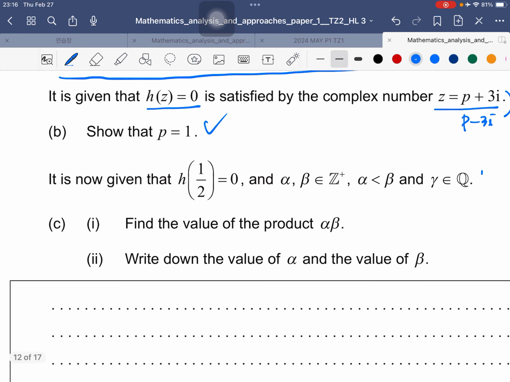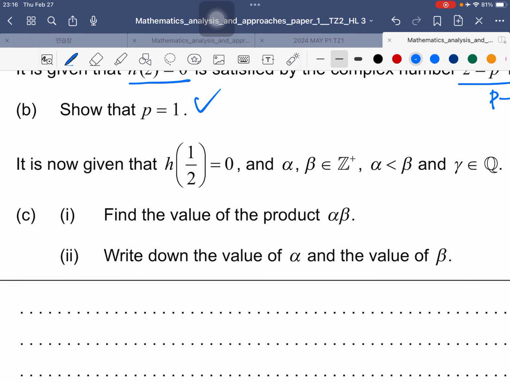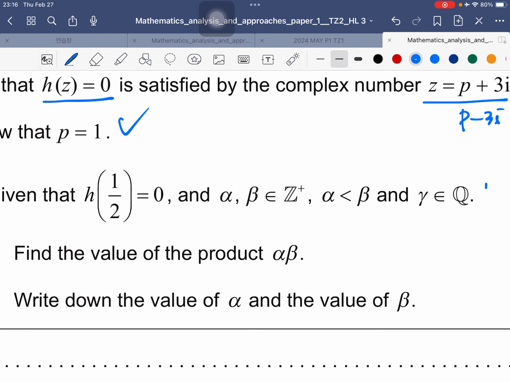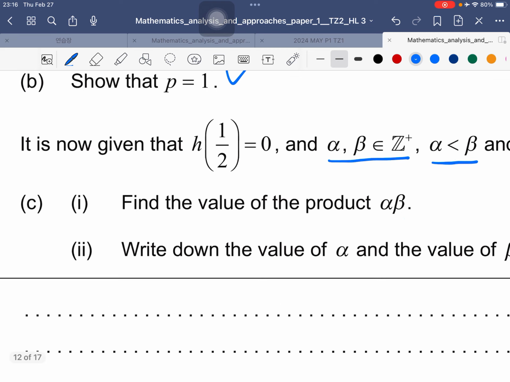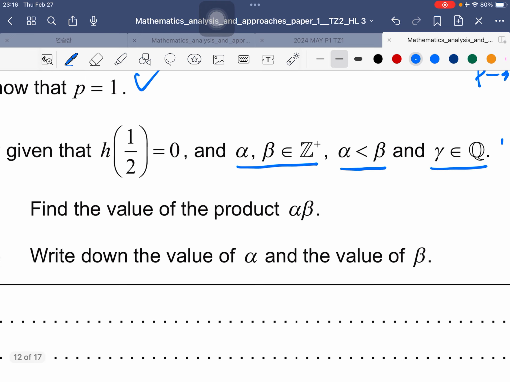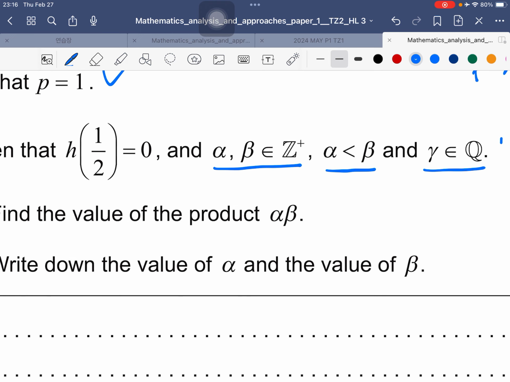Got you. Now it is given that h(1/2) is 0, and alpha and beta are positive integers where alpha is smaller than beta, and gamma is a rational number. Find the value of the product of alpha and beta.